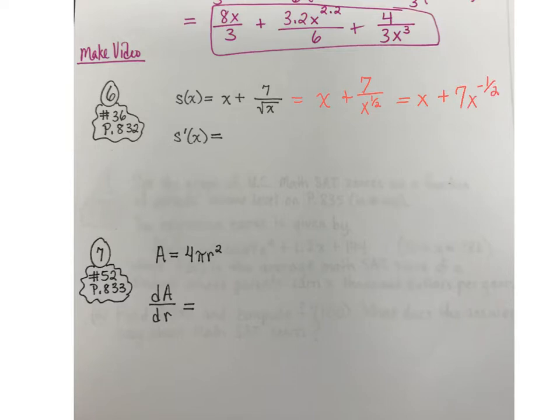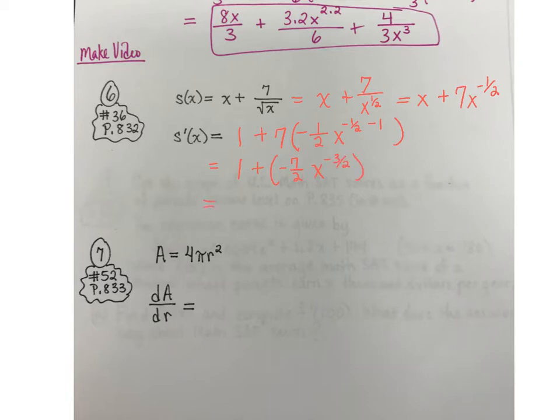So the derivative of x is 1, plus the derivative of 7x to the negative 1/2 is 7. Use your power rule, so it's negative 1/2 x raised to the negative 1/2 minus 1, and that gives us 1 plus negative 7/2, because 7 times negative 1/2 is negative 7/2, times x raised to the negative 3/2.